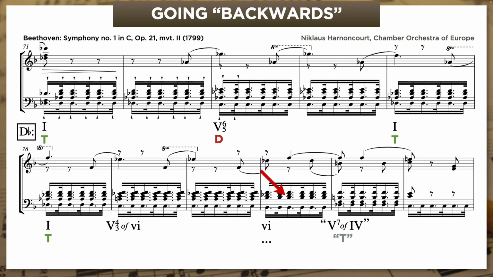But 5/7 of 4 in D flat major sounds suspiciously like an augmented sixth in F. So while we might be expecting this resolution, of course we get this one instead. And what follows is a mile-wide dominant of F.